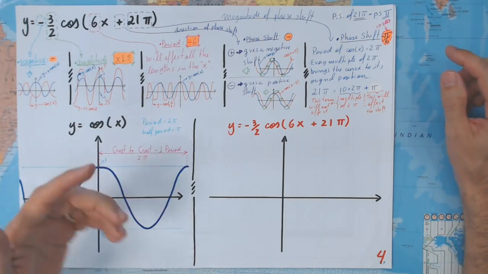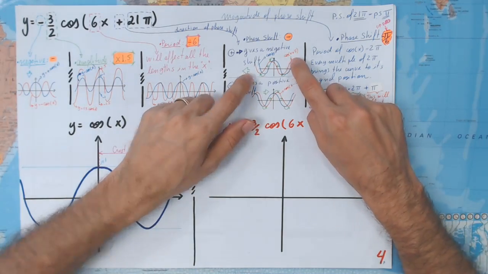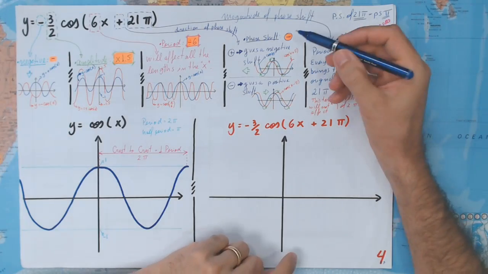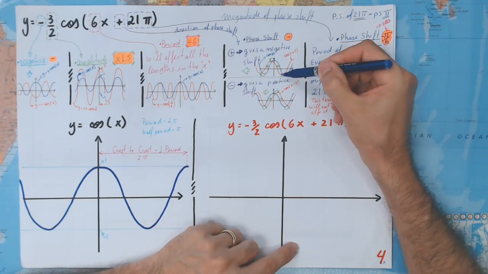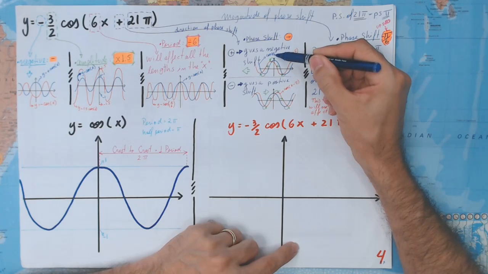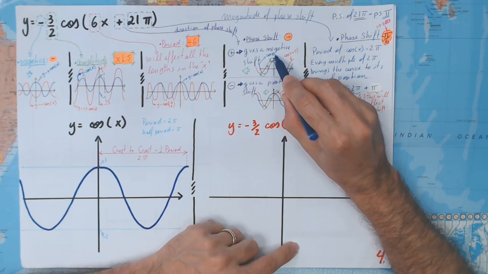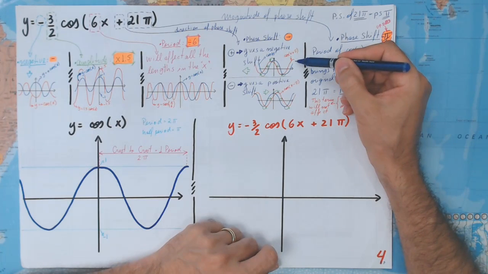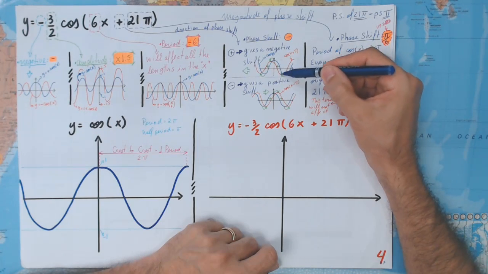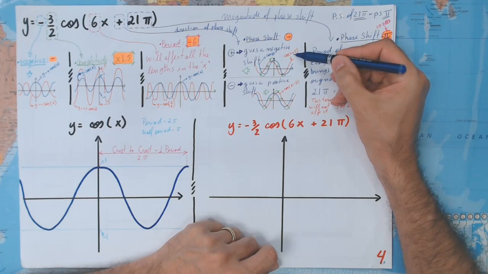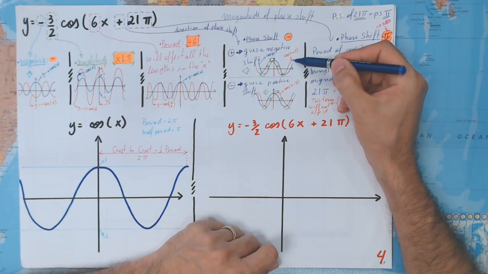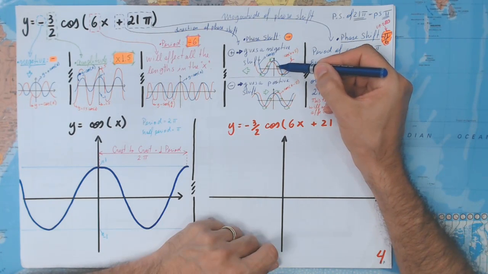In our case, look in here, I tried to draw the curves. In blue, we have our original cosine of x. I don't know if you can read in here, it is cosine. And what we have in red, because we have a plus in here, we are going to take that curve and move it to the left.